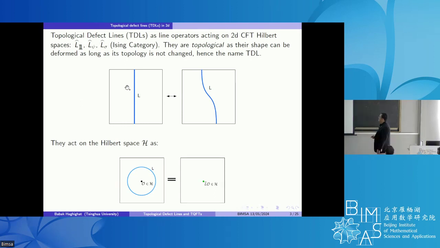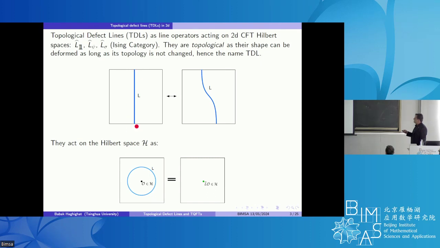That's one type of line. That will be an operator which just flips the spin. For example, sigma x will do that, right? That is an intuitive way to think about these.